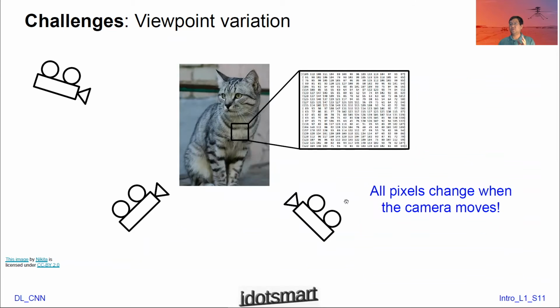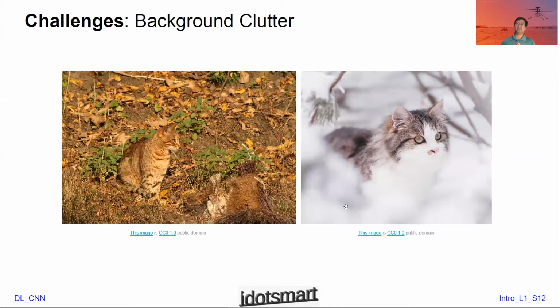If we take a picture of the same object, the same target, from different angles, the picture will look different and the pixel values will be different. Not just that, if we try to classify images and recognize objects, it's more challenging.